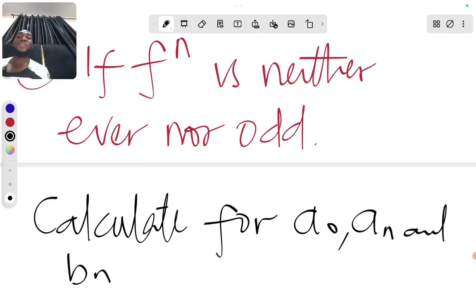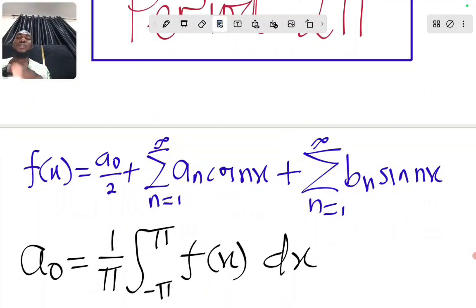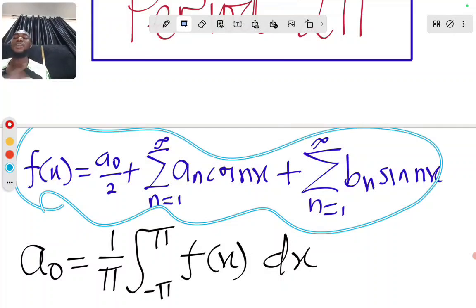Now this is going to give us the first formula that we have above, which is the same thing as this formula. So when you have a function that is not even and is not odd, this is the Fourier series that we are going to use.